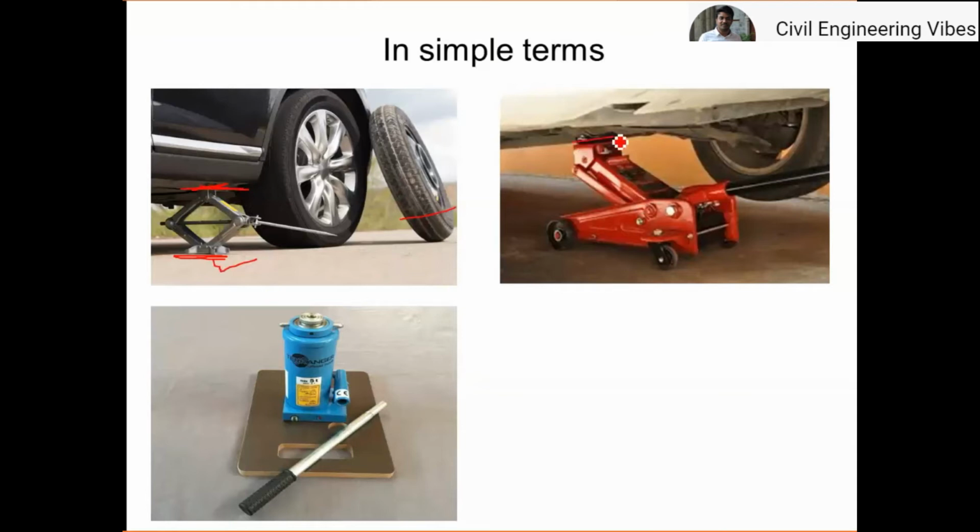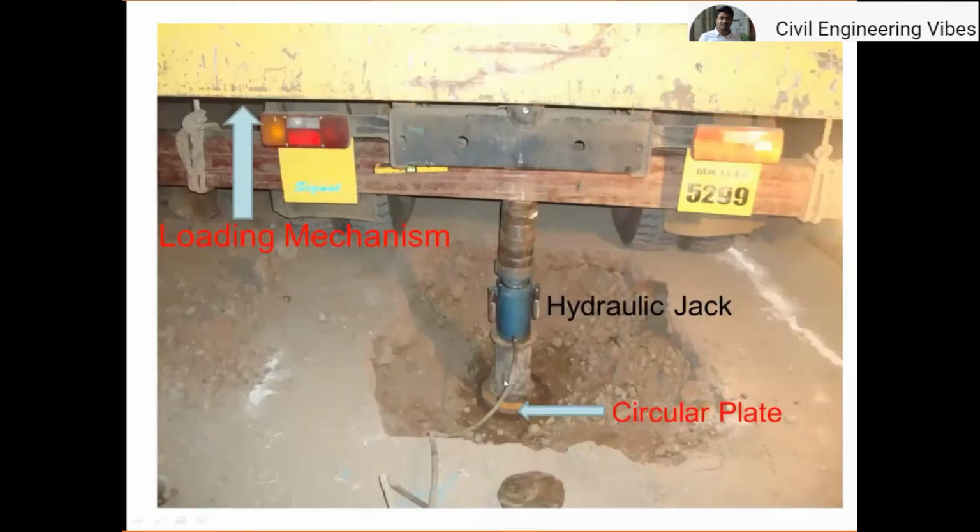If the car jack is placed on a compressible material, the loading causes downward movement, as compressible material deforms or settles very easily. The plate load test works on the same mechanism, where the gravity loading or reaction truss is arranged in such a way that the load imposed by the hydraulic jack cannot uplift the arrangement. The pressure should be induced on the bearing plate itself.